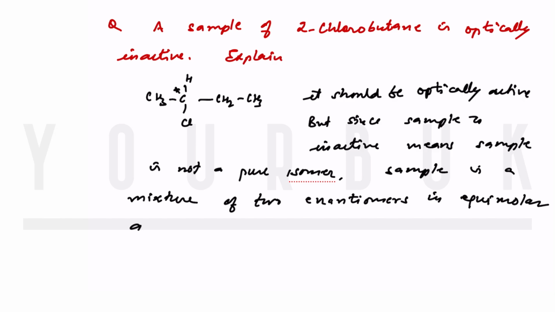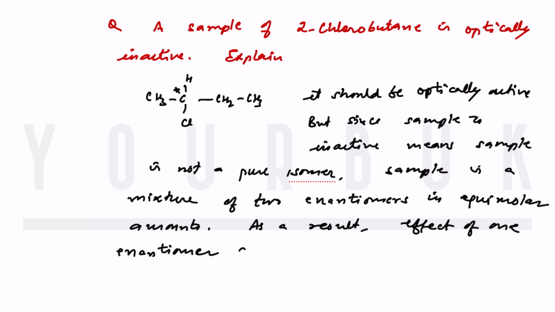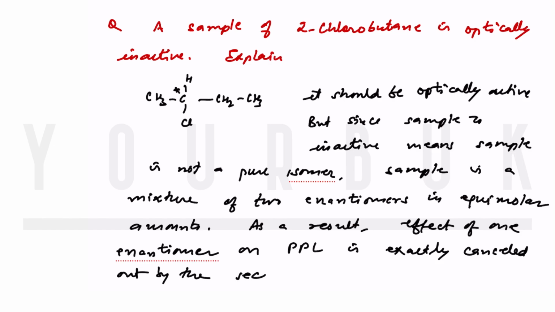As a result, the effect of one enantiomer on PPL is exactly cancelled out by the second enantiomer, exactly cancelled because they are in the ratio of 1:1.